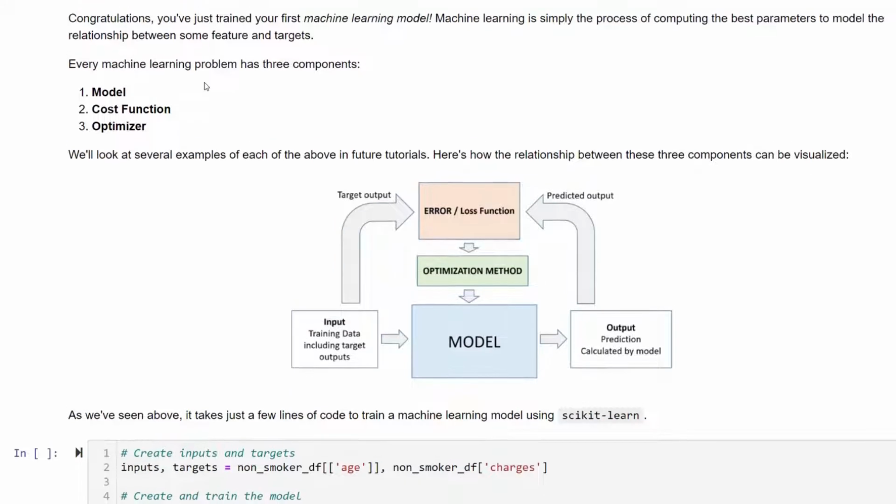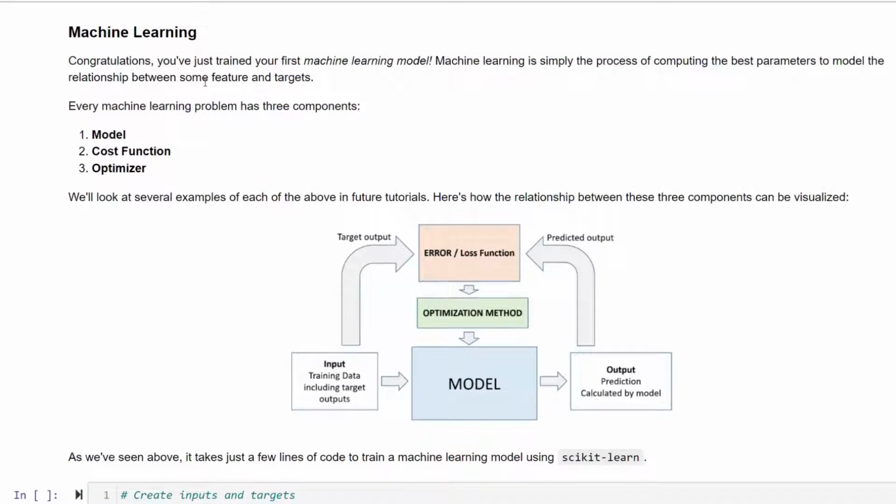right? So, you have just trained your first machine learning model. Machine learning is simply the process of computing the best parameters to model the relationship between some features and targets. Every machine learning problem has three components. One is the model, second is the cost function, third is the optimizer. In order to fit our model, we need a best algorithm.